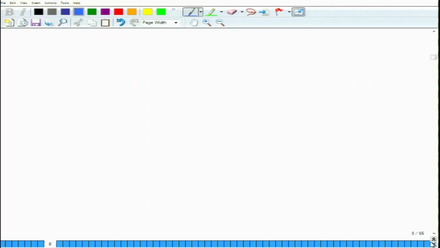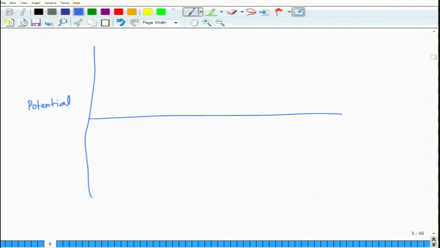So the overall energy landscape would look like this. If you draw, this is potential energy, and this is typically in kilojoules per mole, and this is the distance r. Your repulsion term goes rather rapidly, very rapidly.